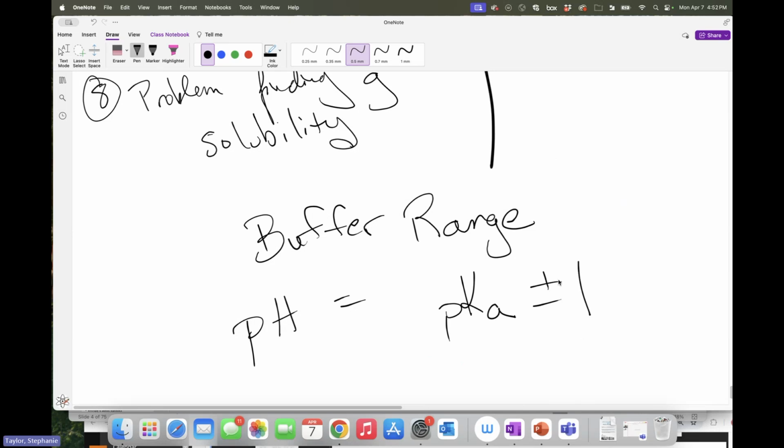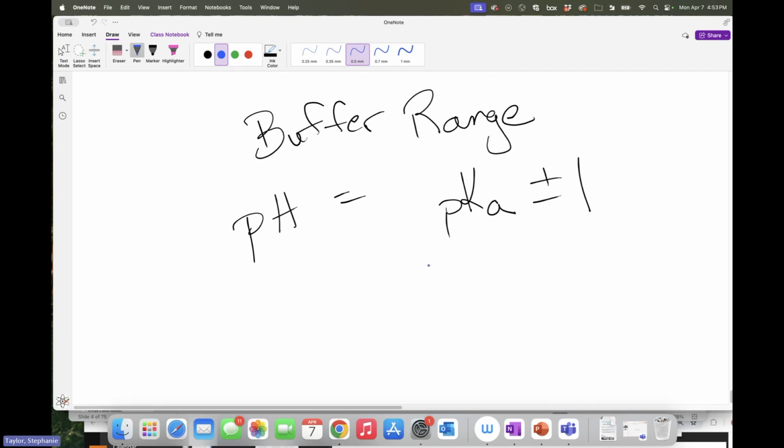You're basically asking over what pH can this thing be a good buffer? The buffer is good where you have roughly equal amounts, and we're usually okay with equal amounts to about 10 times more of one than the other, which is where the plus or minus 1 comes from. So buffer range is over what pH range my buffer is valid, and that's the pKa of the buffer plus or minus 1. That's buffer range, not the question that was asked.